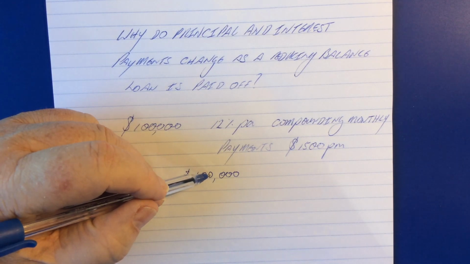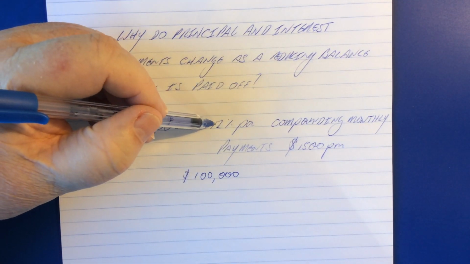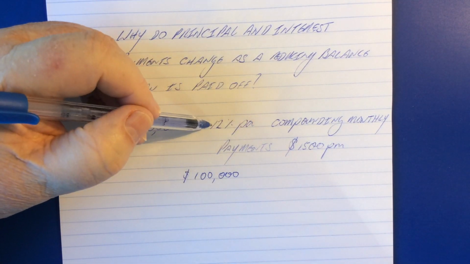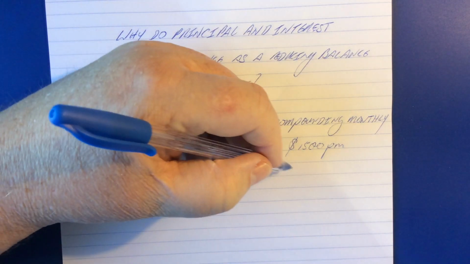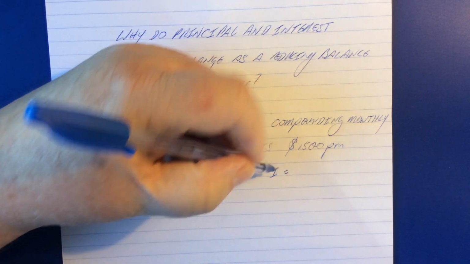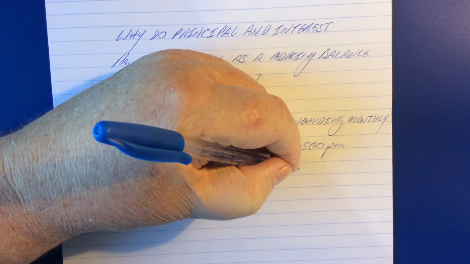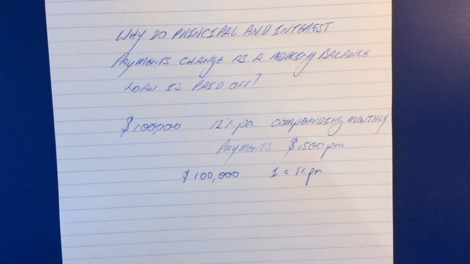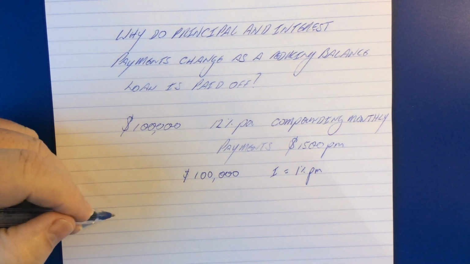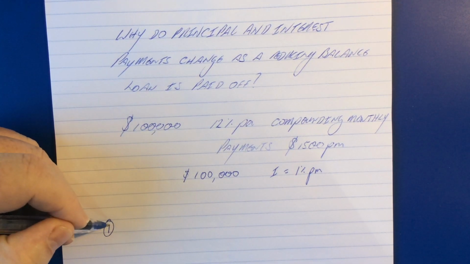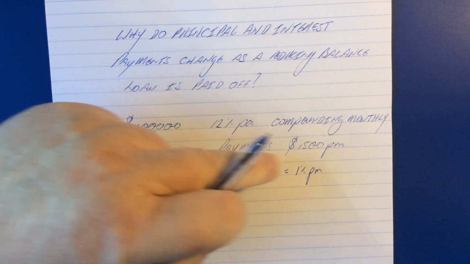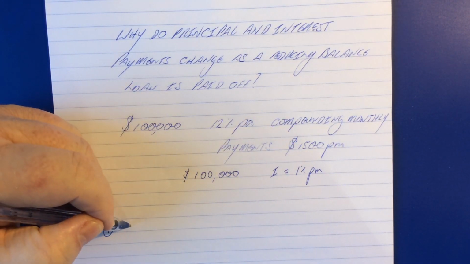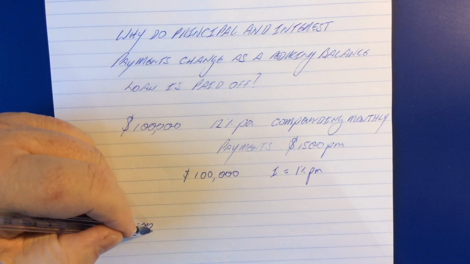And the interest on this is going to be 1/12 of 12%. So the interest, I for interest, is going to equal 1% per month, which makes this calculation really easy. So in month one, the person's going to pay $1,500.